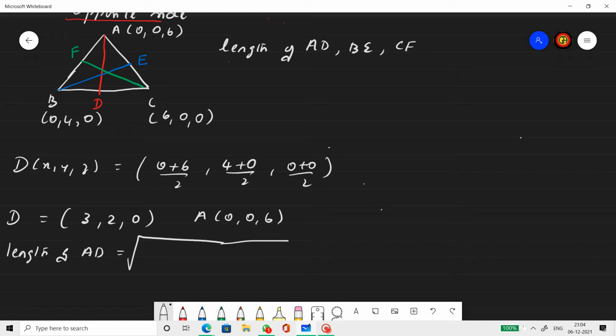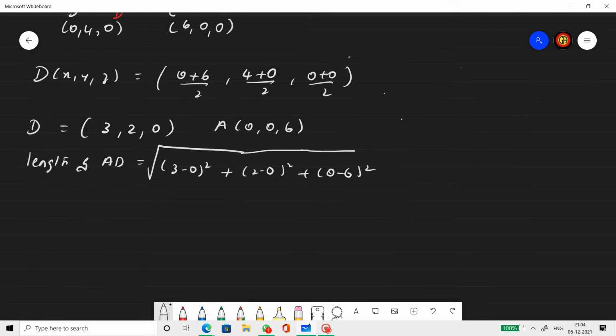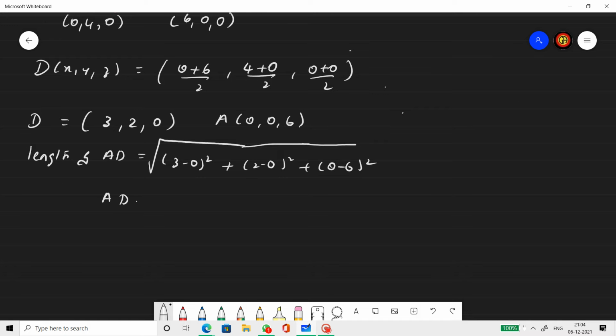Take the distance between these two: (3 minus 0) the whole square, (2 minus 0) the whole square, plus (0 minus 6) the whole square. So we get the AD distance as root over 9 plus 4 plus 36. So that is root 49, which is 7.